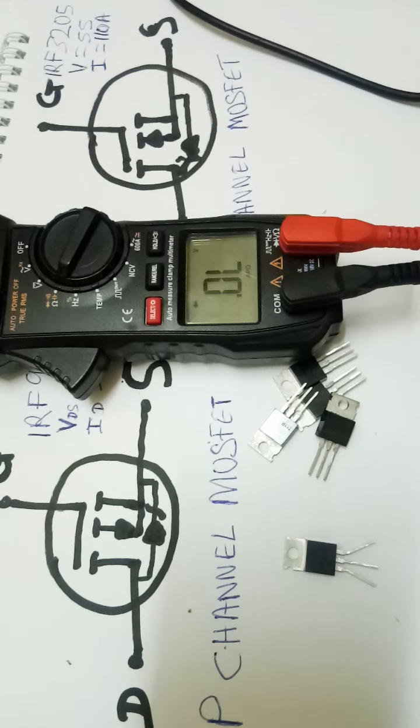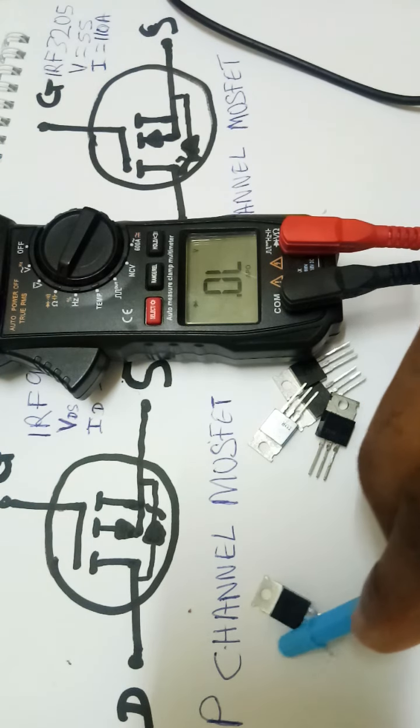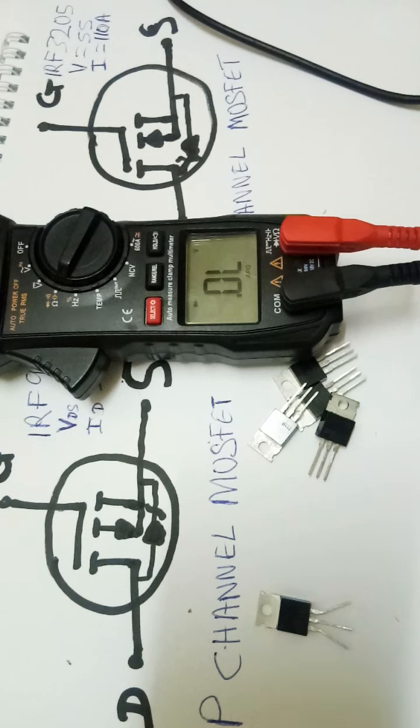So let's test. In this MOSFET, for both the P channel and N channel MOSFETs, the first pin from the left is the gate, the second one is the drain, and the last is the source.